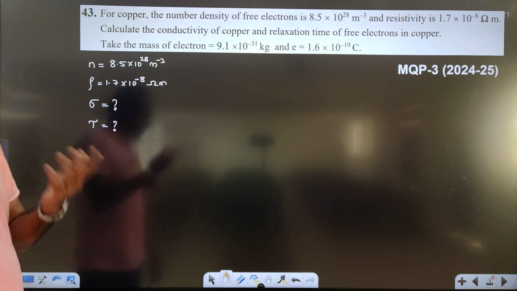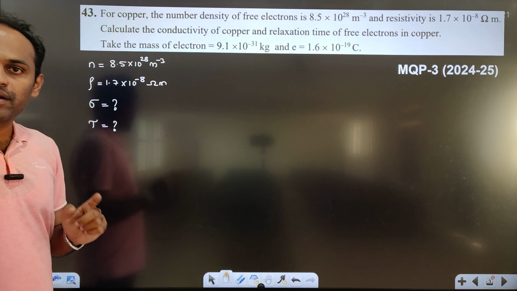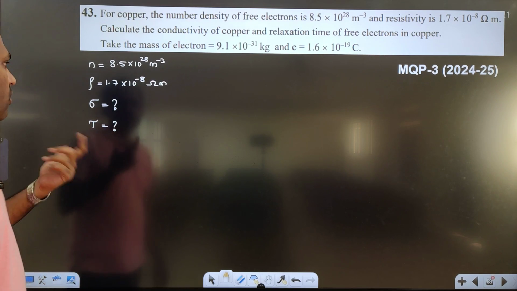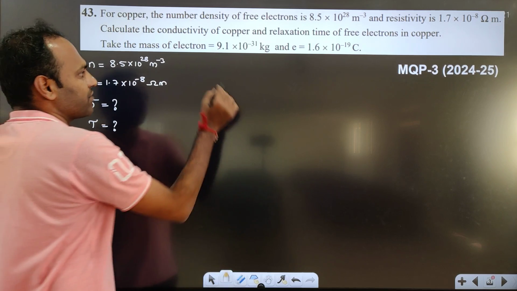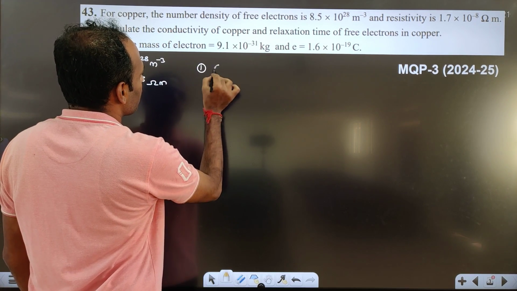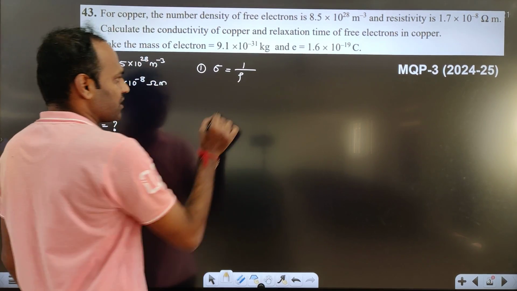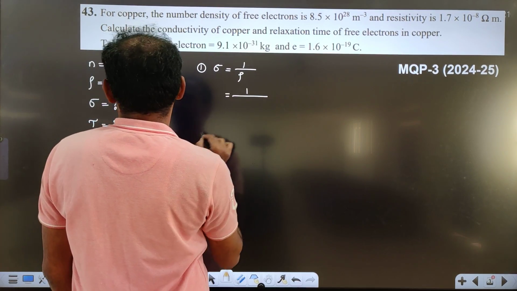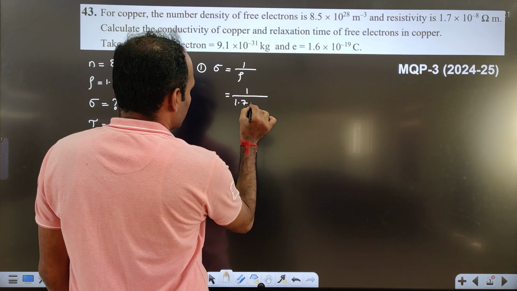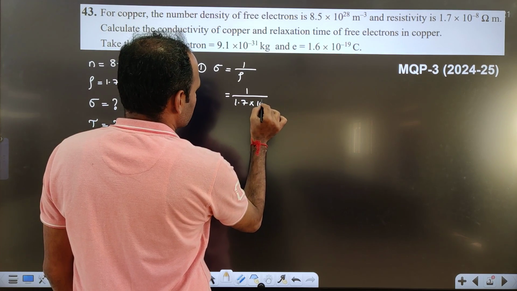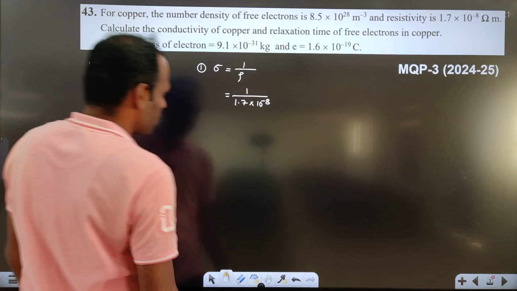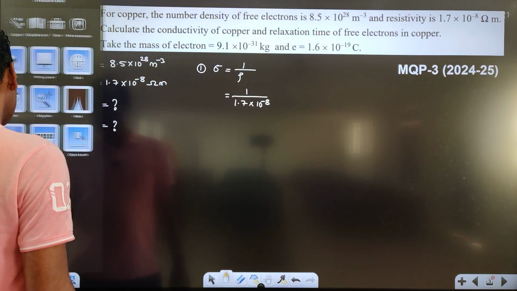We know very well by definition, conductivity is the reciprocal of resistivity, or resistivity is the reciprocal of conductivity. Therefore, the first thing I have to calculate is conductivity, which is the reciprocal of resistivity. Resistivity is already given as 1.7 into 10 to the power minus 8.